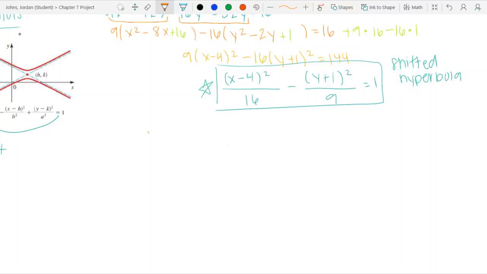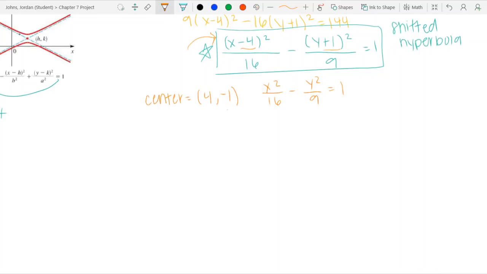The center of the hyperbola is going to be (4, negative 1), as we can see here. The 4 is positive, and the 1 is negative. And the hyperbola is going to be the same shape as the unshifted hyperbola, which is x squared over 16 minus y squared over 9 equals 1.